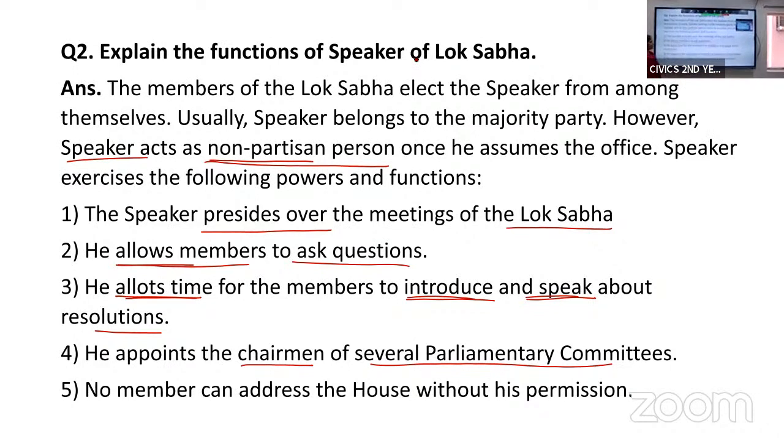So such inquiry committees are called parliamentary committees. So such parliamentary committees are appointed by the Speaker.